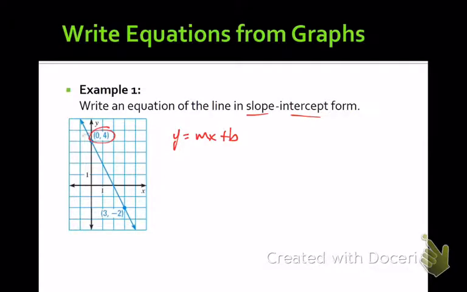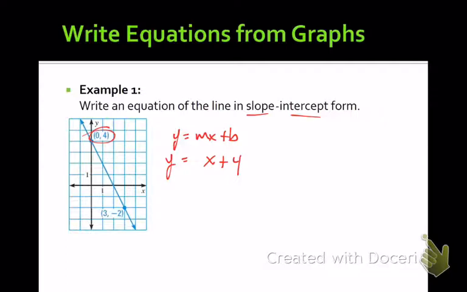The y-intercept is right here. And remember that all y-intercepts have an x-coordinate of 0. So the number that we're really focused on with the y-intercept is the y-coordinate. So that's going to be your 4. So we can make this plus 4. But we need the slope. We don't have the slope. We can find it.